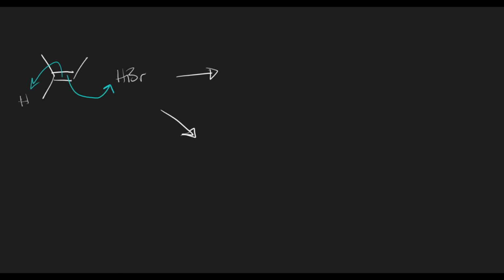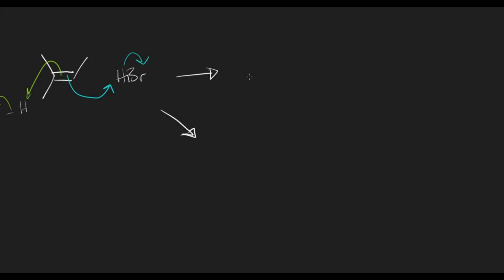Let me put an HBr here as well. Complete this mechanism. So, in fact, let me change colours for one of these and make it a little less confusing. So let's have green here.